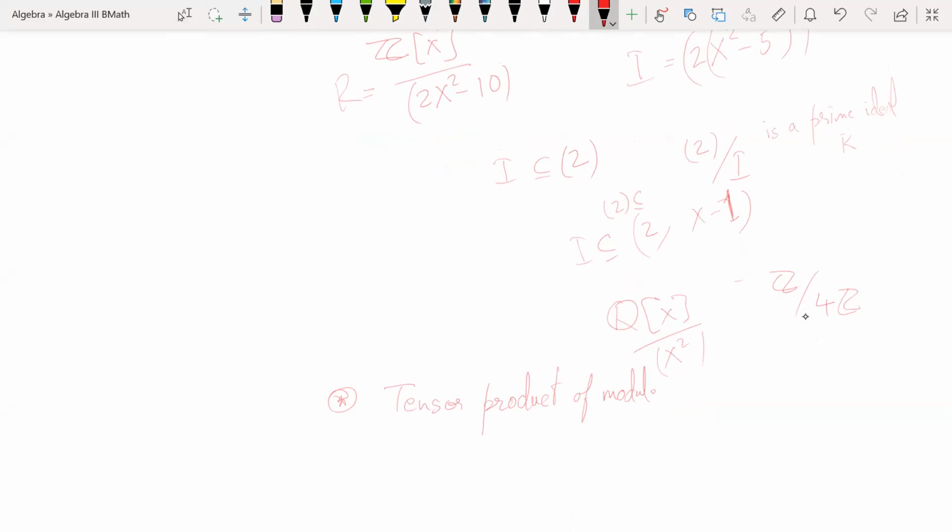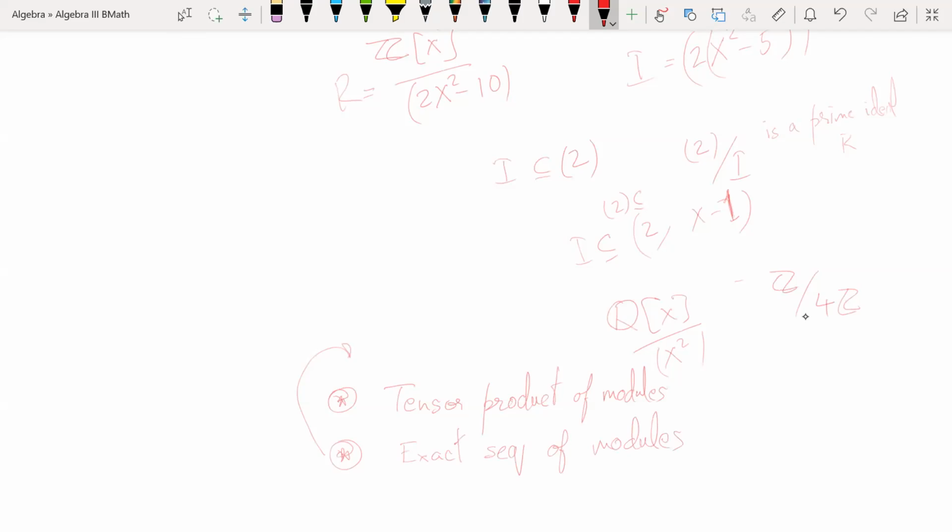These are the things I would have done on modules. And then exact sequences, which are not really related. You can first define the tensor product of modules and then think about exact sequences of modules.